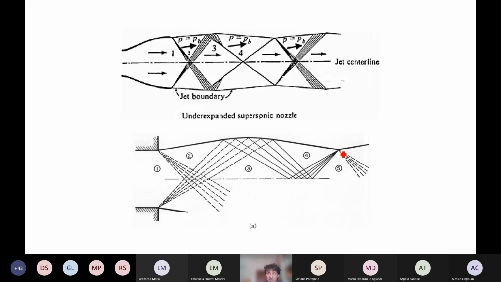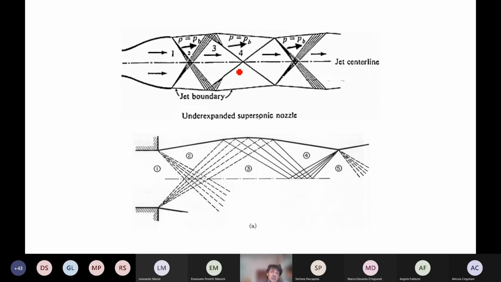We risk having one exactly here. But in general, if you consider also the axisymmetric contribution, when you have compression waves, you also realize the shock.